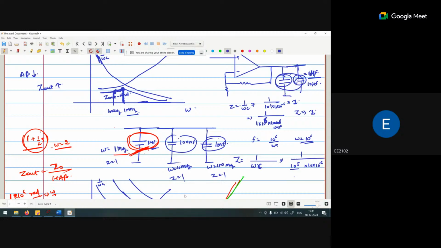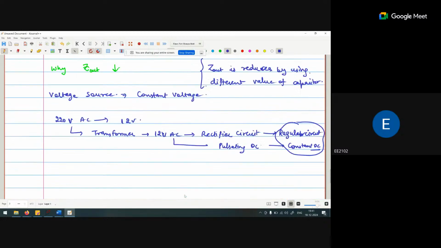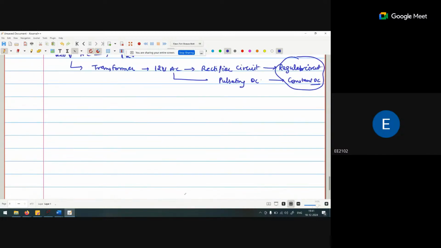So if you are using a single capacitor, that particular capacitor will provide a low Z out for a single frequency. Like if you are using a 1 microfarad capacitor, it provides me low Z out at 1 megahertz only.